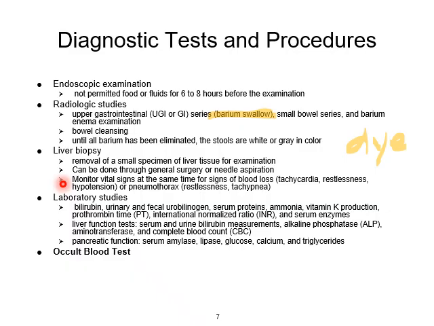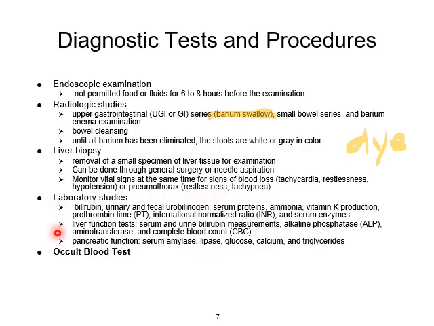Signs of blood loss are tachycardia, restlessness, hypotension, and pneumothorax. And signs and symptoms of pneumothorax are restlessness and tachypnea.